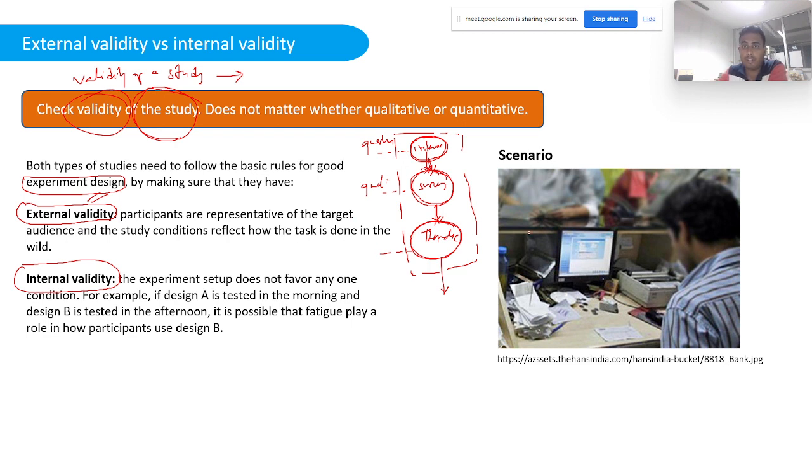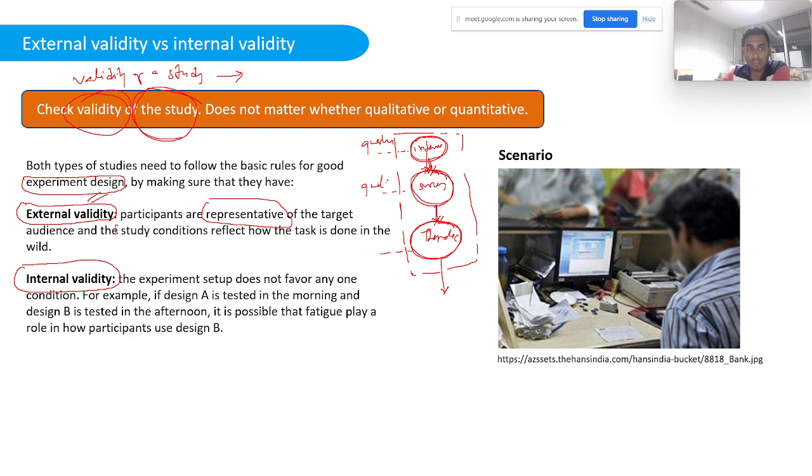So when you conduct, for example, a contextual inquiry, you need to make sure that you are observing or interviewing someone who is actually representative of the target audience. So you do not interview someone else. Similarly, the way you conduct that study should reflect the natural condition.